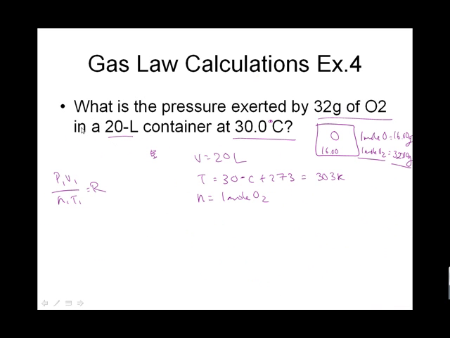So let's say that I want to find P, and so P must equal R times N times T over V. If I want my P in ATM, I'm going to use the R which is 0.0821 liter times ATM over mole K, and I'm going to multiply this R by 1 mole of oxygen.